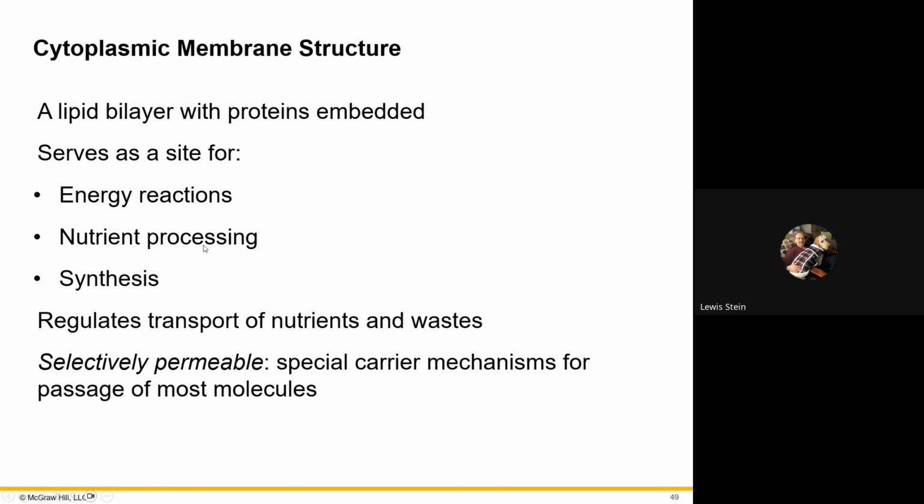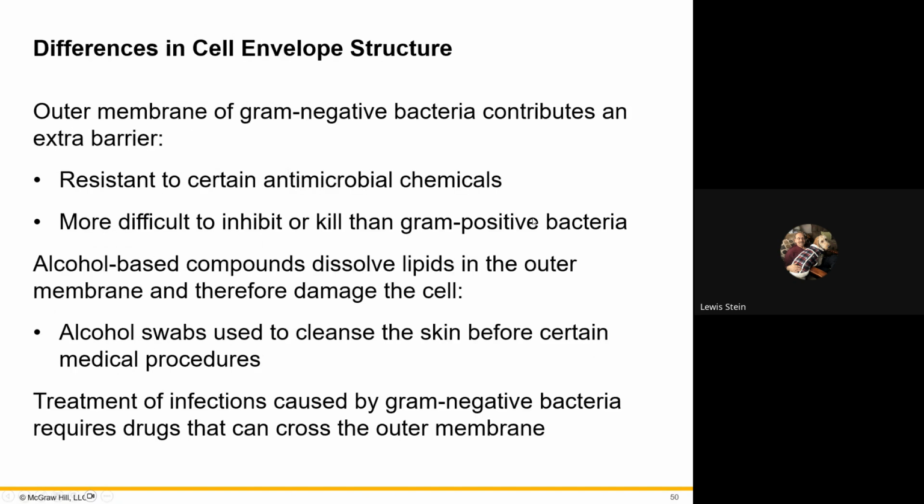Energy reactions, nutrient synthesis, gatekeeper, stuff going in and out, selectively permeable, all of that stuff. Standard phospholipid bilayer biological membrane. So the outer membrane of the gram-negative contributes an extra barrier, resistance to quite a few antimicrobial chemicals, more difficult to inhibit or kill.